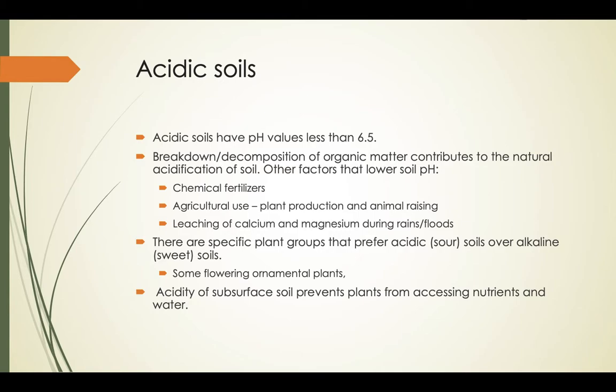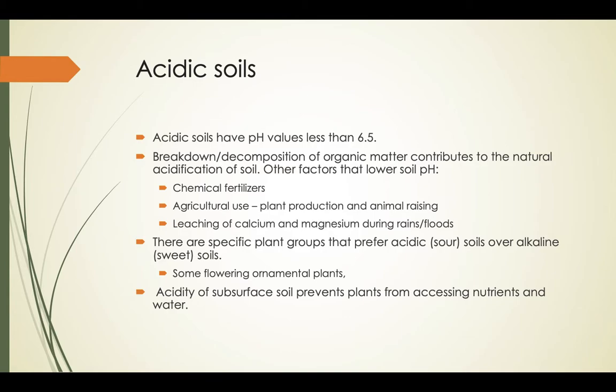It can leach away from the root zone of the plants to the soil component. Then the hydrogen ions also leach, and they can increase acidity. They can lower the pH measurement for the soil.